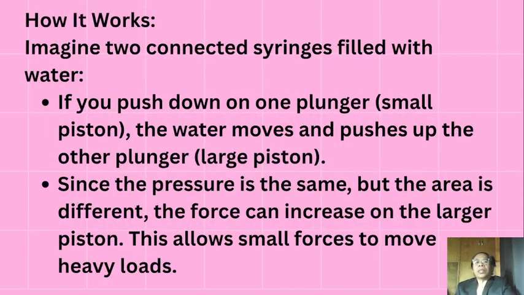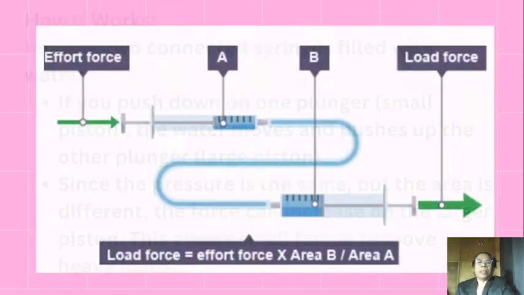How it works. Imagine two interconnected syringes filled with water. If you push down on one plunger, the small piston, the water moves and pushes up the other plunger, the large piston. Since the pressure is the same but the area is different, the force can increase on the larger piston. This allows small forces to move heavy loads.